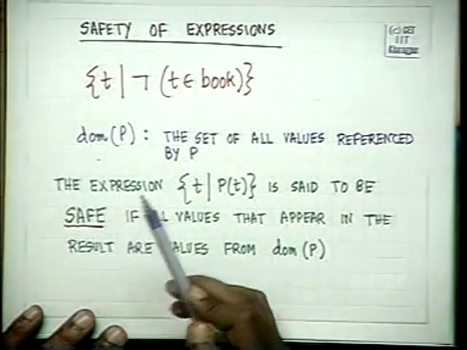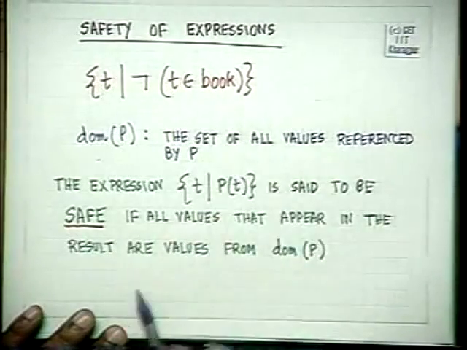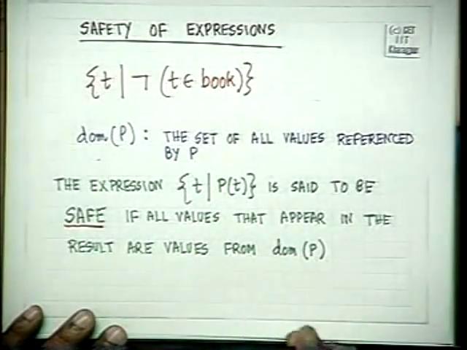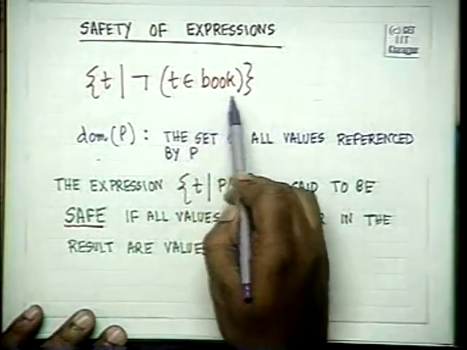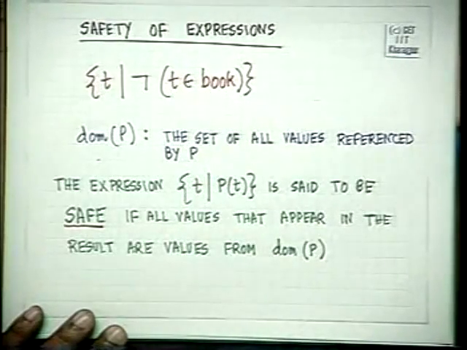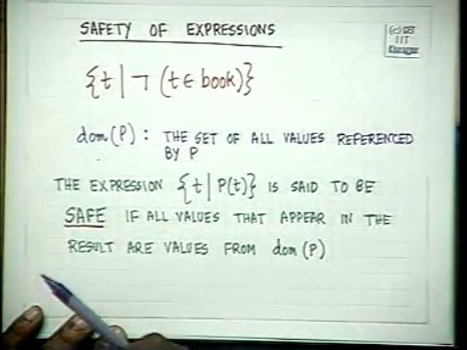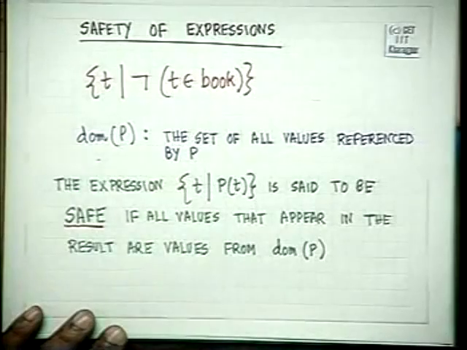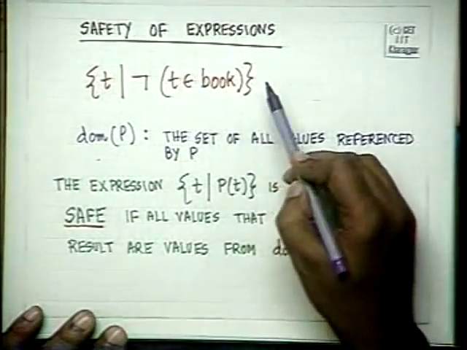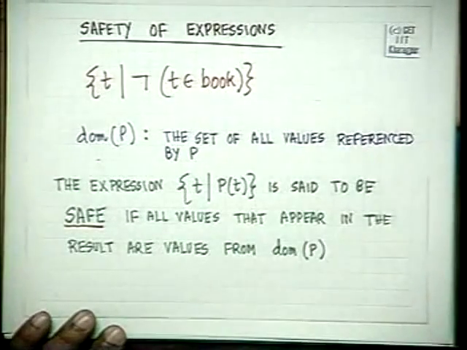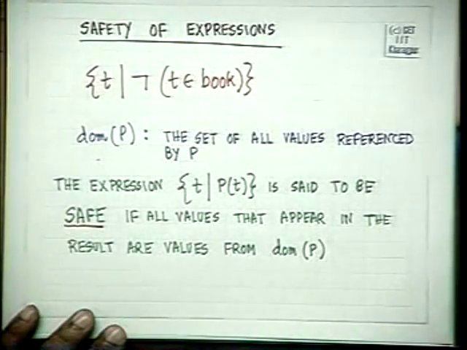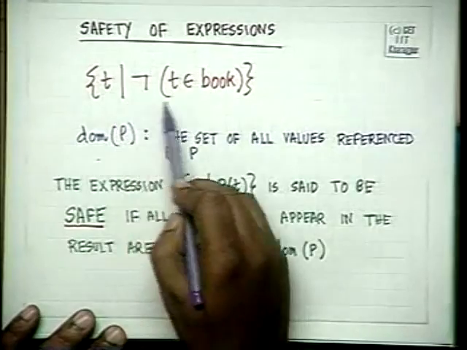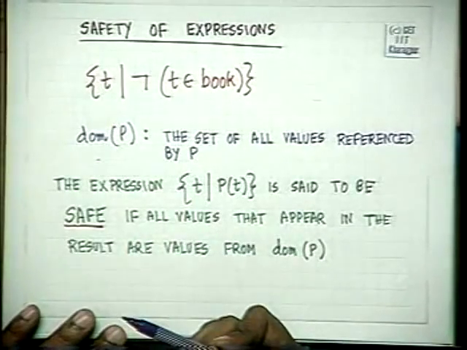So you will get a huge set, not infinite because of the finite size, but you will get a set of arbitrary relations, and this is meaningless. And in some cases, when you define integers, then this set may become infinite. Therefore, such expressions are called unsafe expressions, and they are not really relevant to our domain of discourse unless you have a universe of all the books known to you.